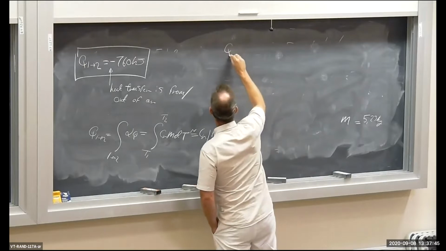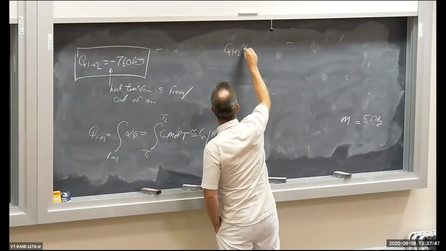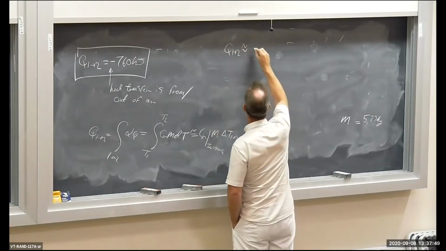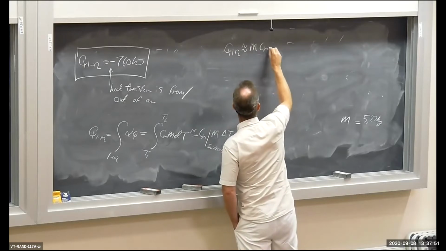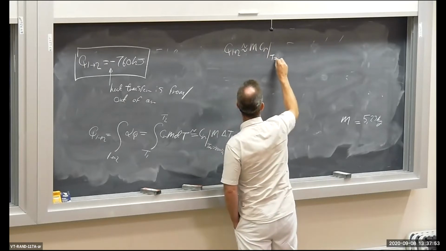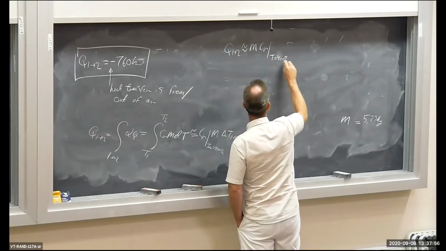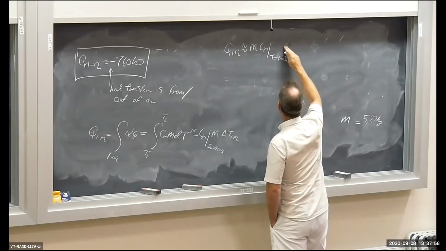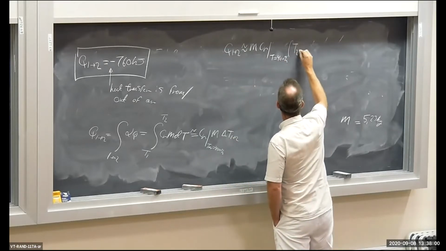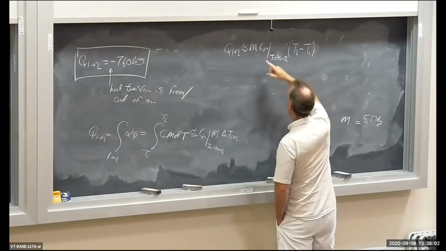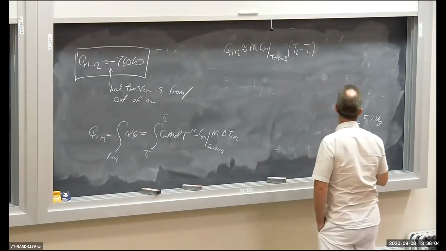So I got Q1 to 2 is approximately equal to the mass times Cv evaluated at 400 degrees Kelvin, which is my average temperature, and then I have delta T, which is T2 minus T1.